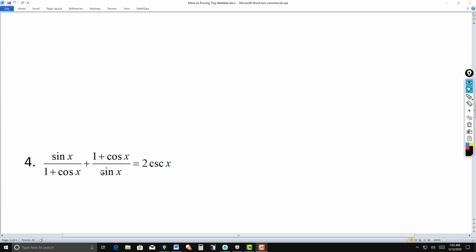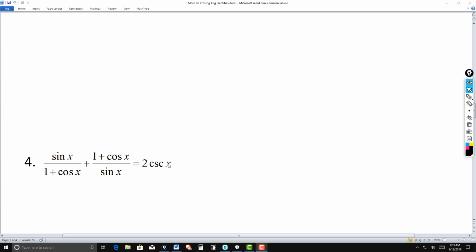So what are the things that you're going to use? A lot of it's going to be algebra. Whenever you have a rational expression involving the trig functions, like in number 4 that I did last time, you can try to combine, find the LCD, and see if you can simplify to get the other side.